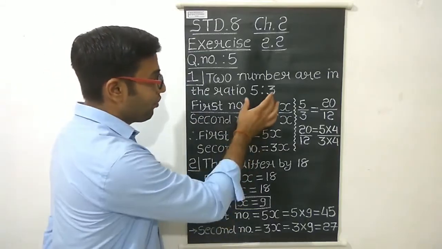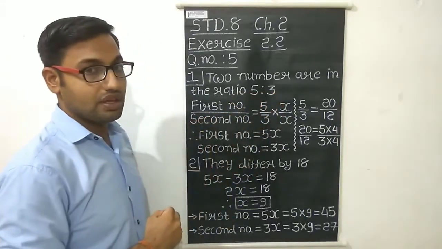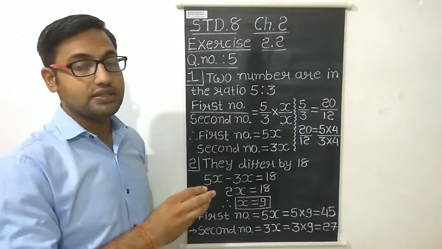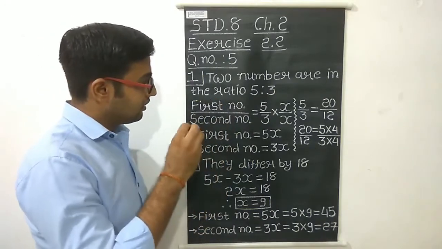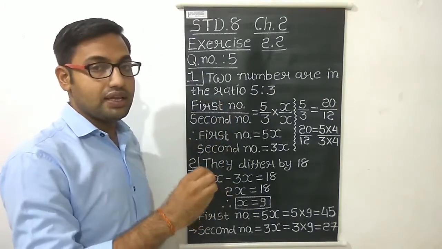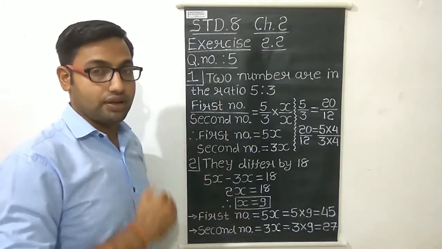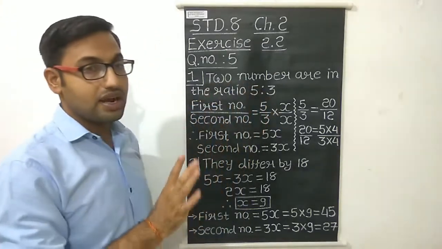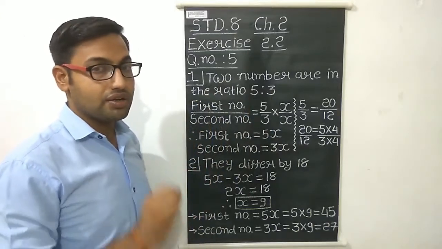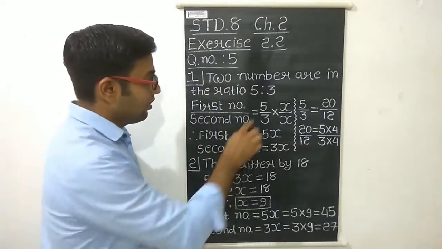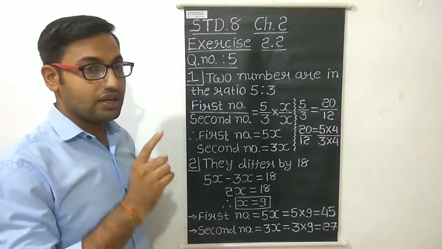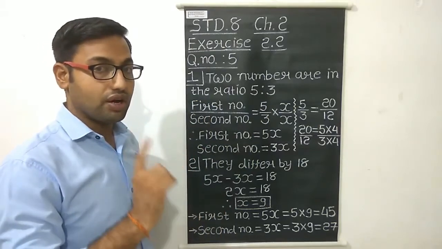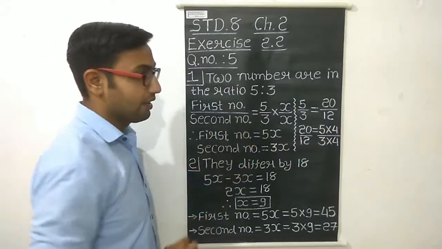We don't know what the actual number is, because the ratio is the number obtained by cancelling out the common factors. That means 5 and 3 have no more common factors other than 1. 1 is the only common factor of 5 and 3.